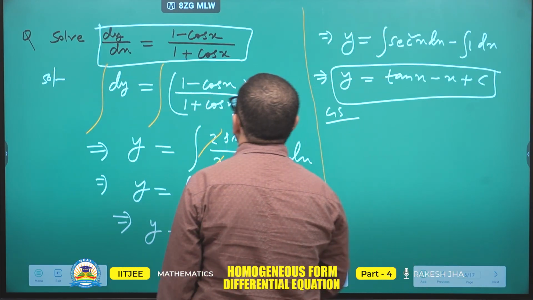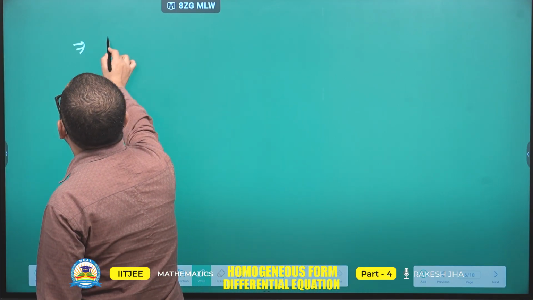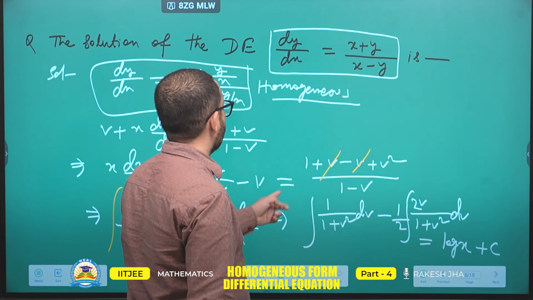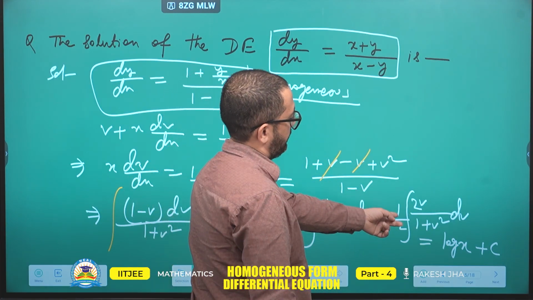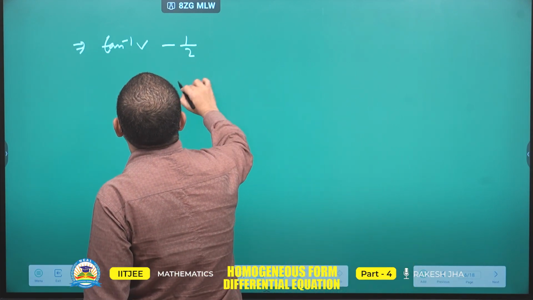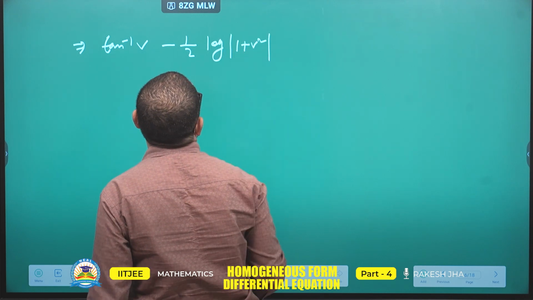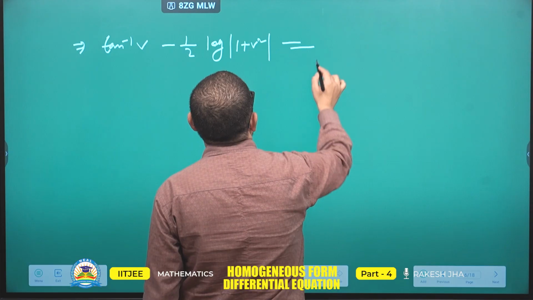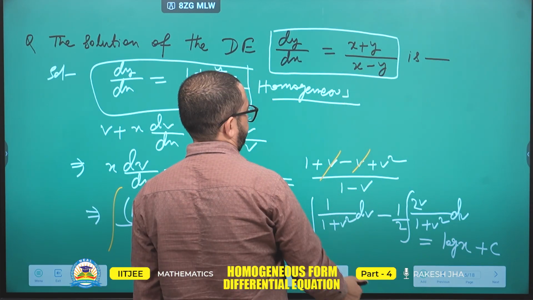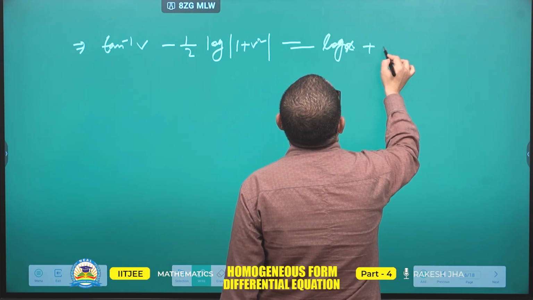So it is nothing but tan inverse v, and next, minus half times log 1 plus v square is equal to log x plus c. So log x plus c is there.